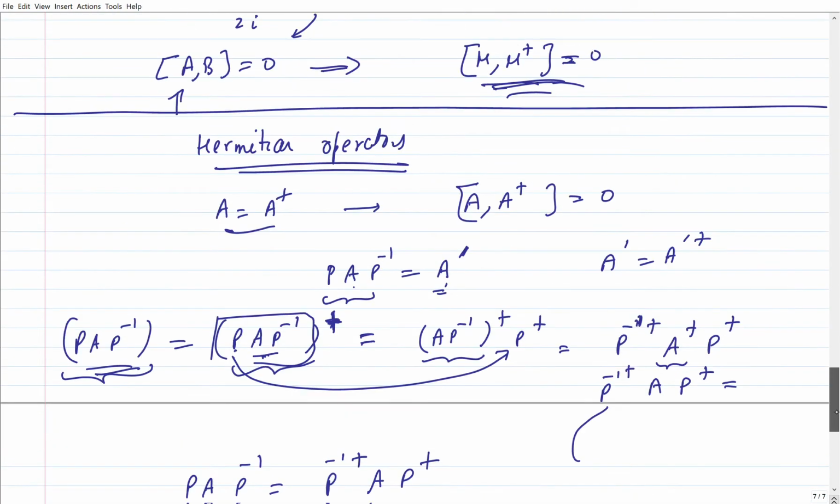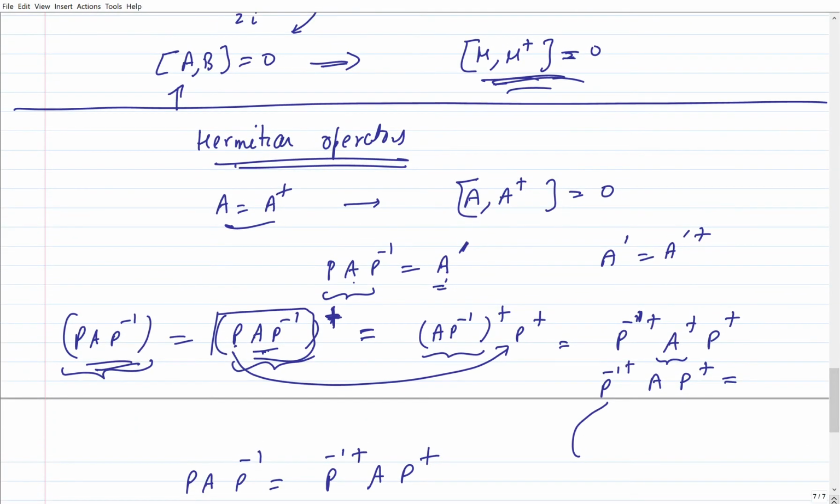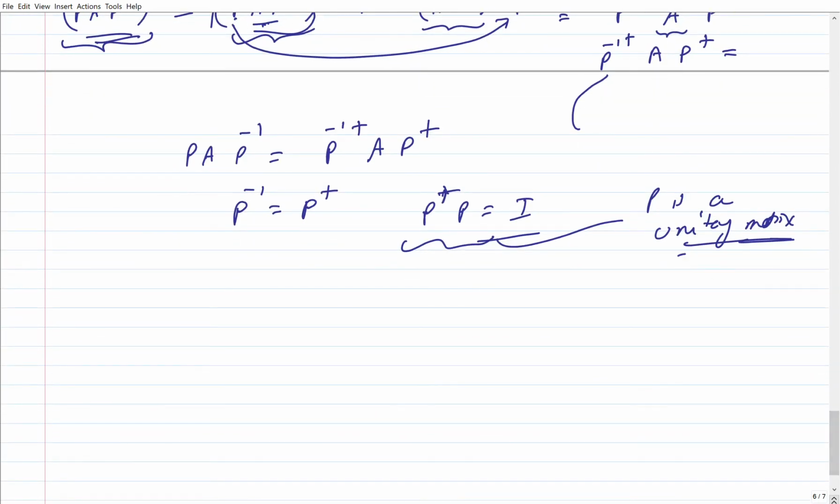So the change of basis for Hermitian operators, the ones that diagonalize it also, because even expressing a matrix in terms of its eigenvectors is a change of basis. So it's the unitary matrices that inflict the change of basis for Hermitian matrices.